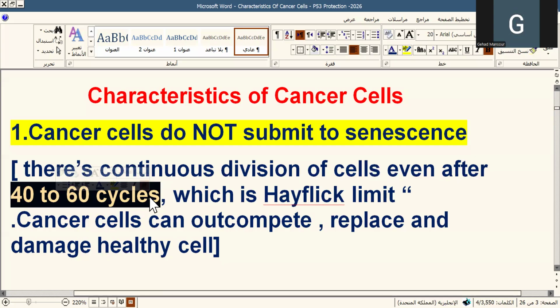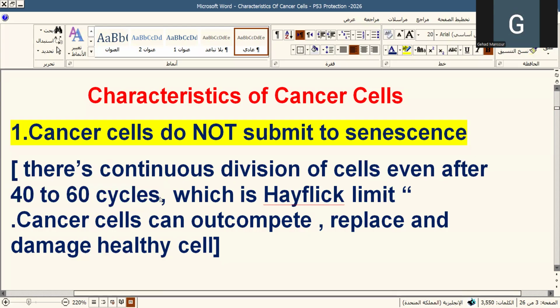and the DNA loses its telomere completely and is now exposed to being mutated. And that's why there is what we call a clock that counts the number of cell cycles. That clock is the telomere, because every time a cell does a cell cycle during mitosis, you lose a part of your telomere.